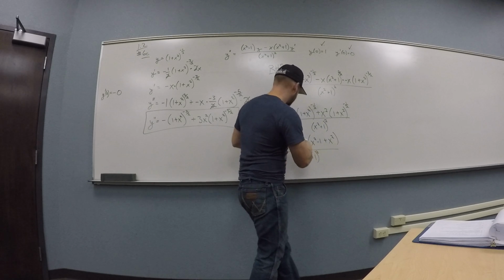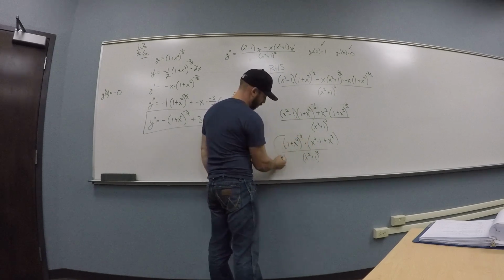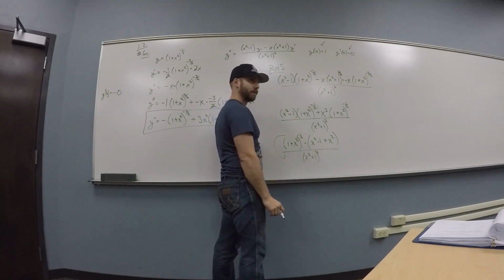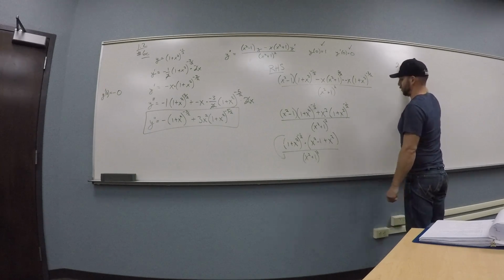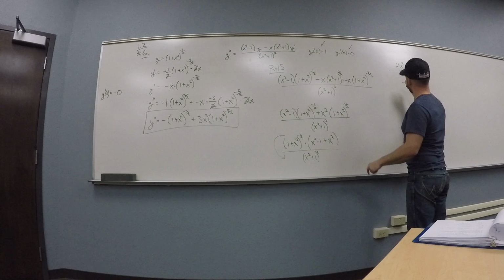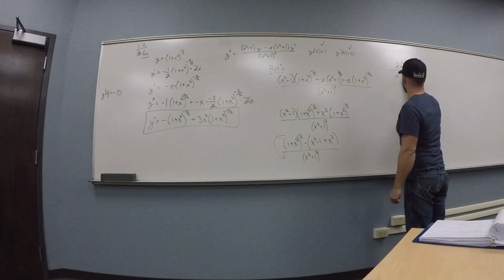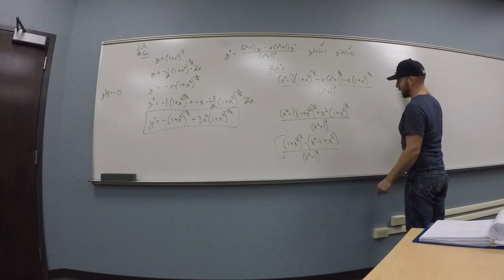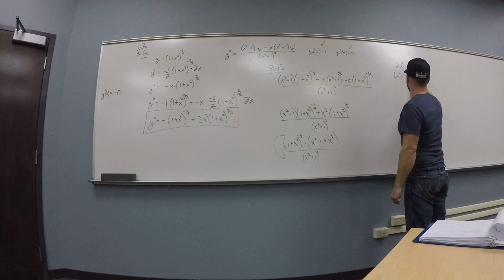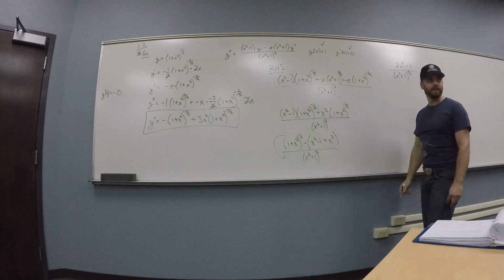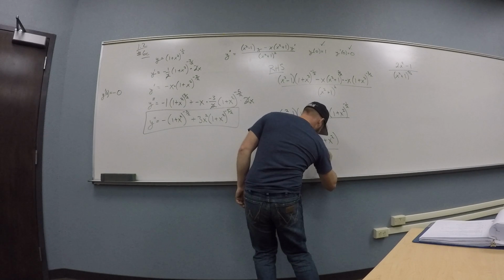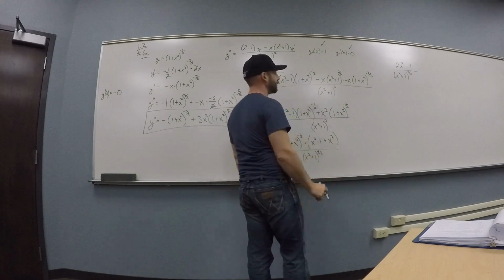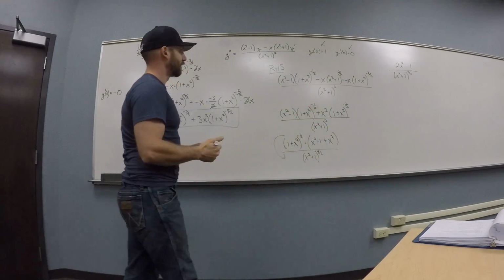Those can combine, and that belongs down there. So I think I got 2x squared minus 1 over x squared plus 1 to the 5/2.